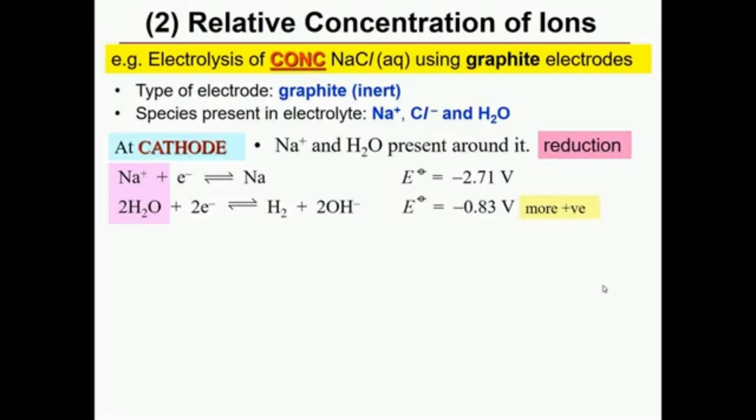At the cathode, reduction occurs. So from the electrode potential, the E0 values, the cation with the more positive E0 will be reduced. Therefore, comparing the two half equations, the tendency is for water to be discharged in preference to Na+. Hence, hydrogen gas will be liberated at the cathode.